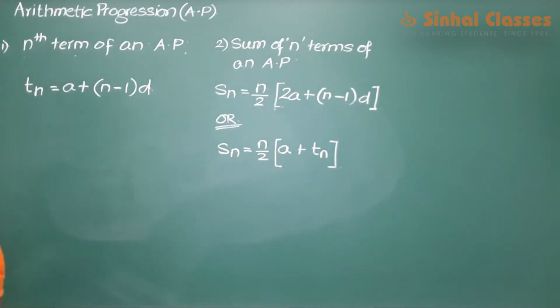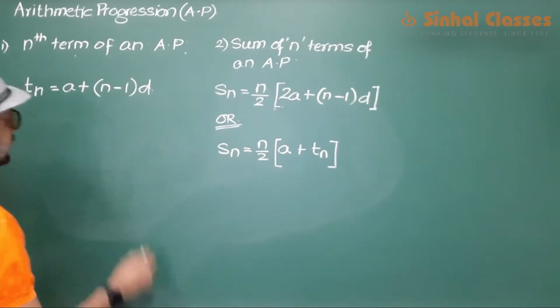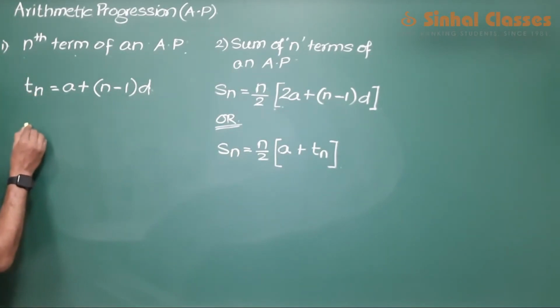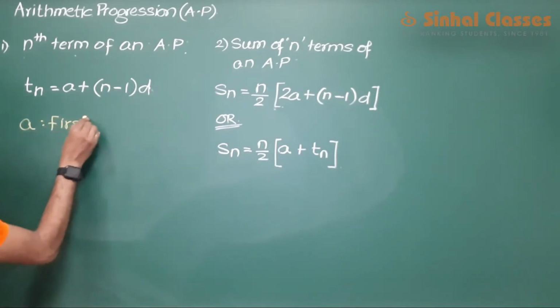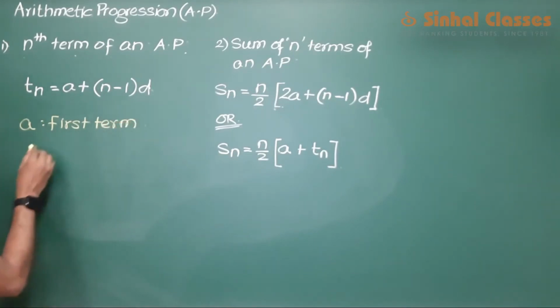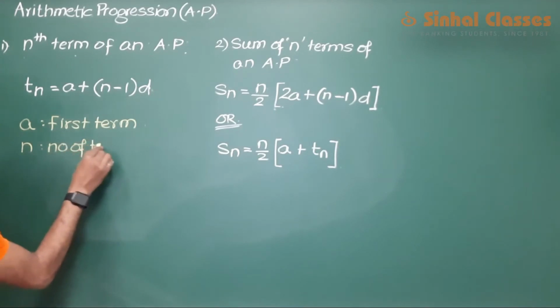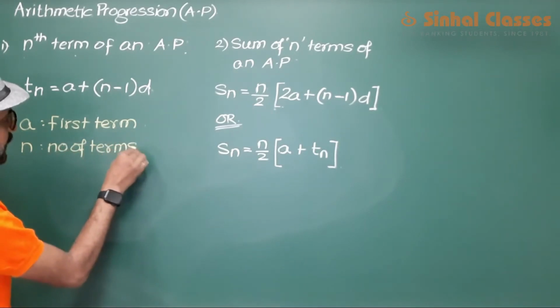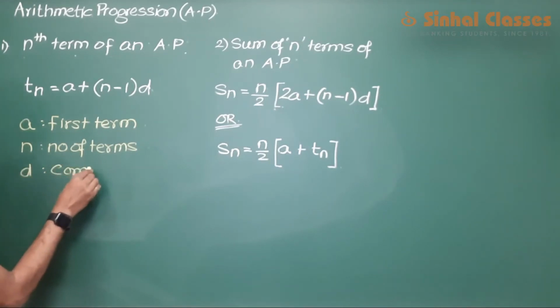Now in both the formulas there are certain terms that we are using. I will write down the meaning of those terms here to begin with. सबसे पहले बच्चों हमारे पास आता है A. A is the first term of an AP. N, number of terms of an AP. D is the common difference.